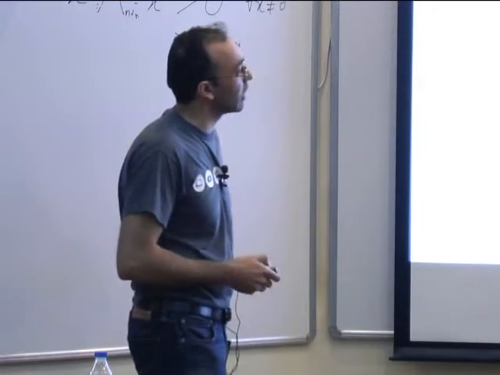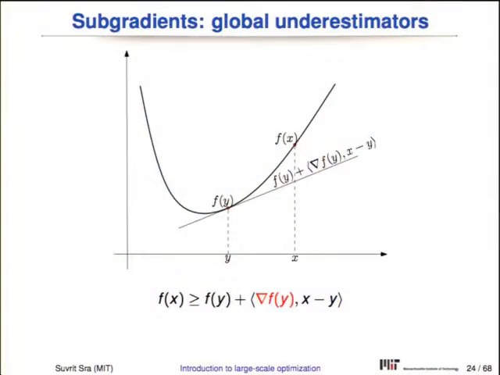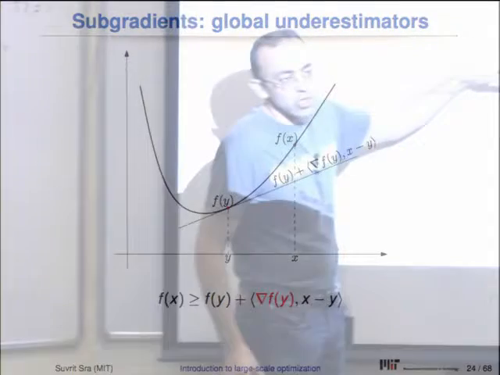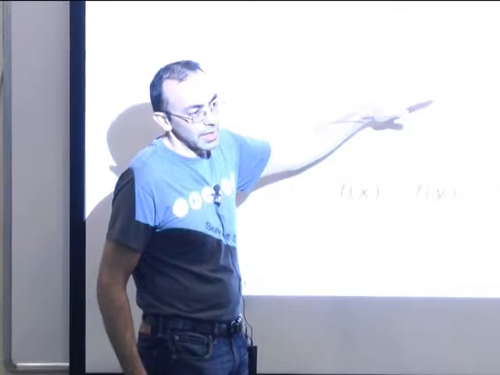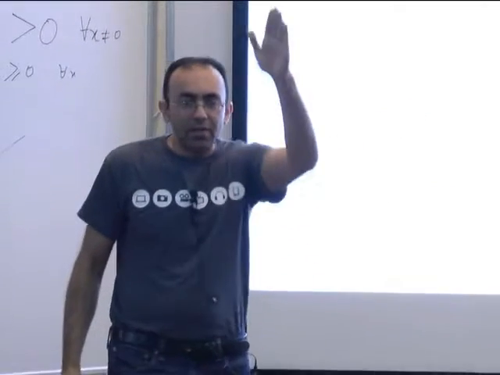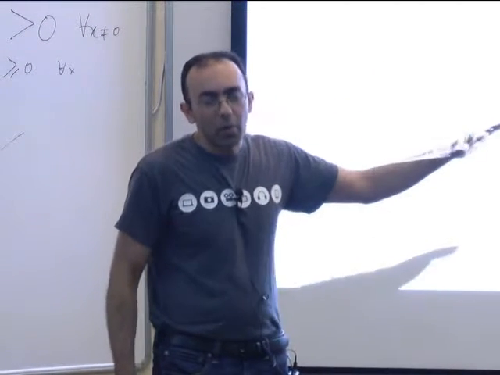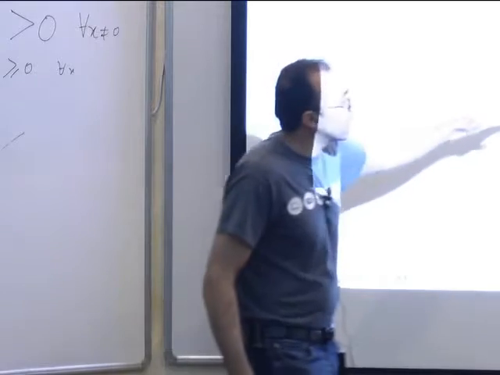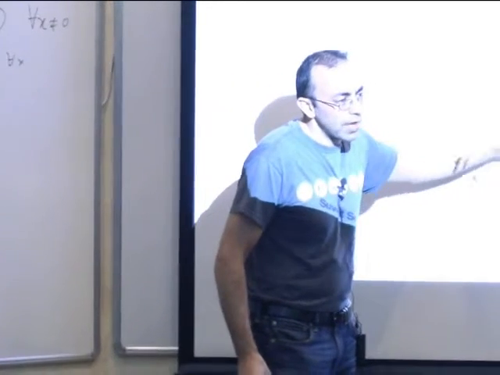But let's look at subgradients. As I mentioned, for convex functions, you can make these lines as tangents, which underestimate them. The important point is that we have this function curved up like that. At every point, we can find a bunch of lines, in fact an infinite number of lines, that globally underestimate the function. That means they are globally smaller than this function, right?